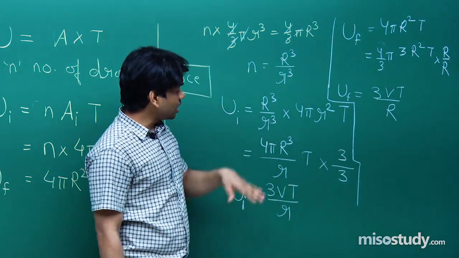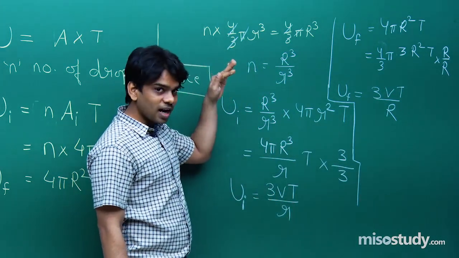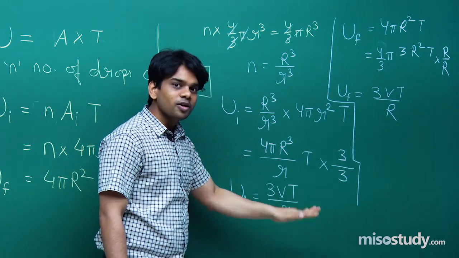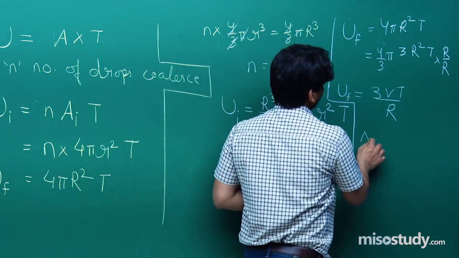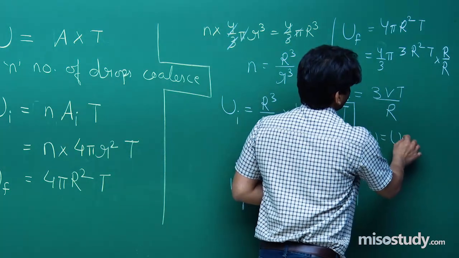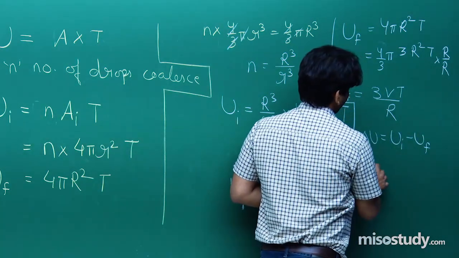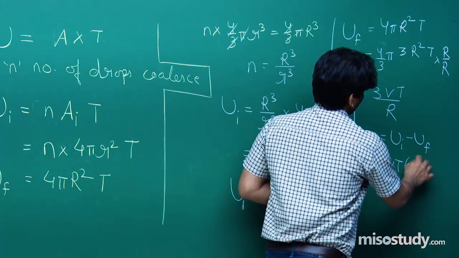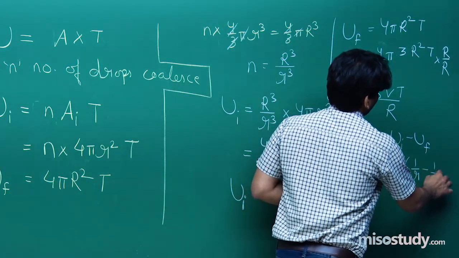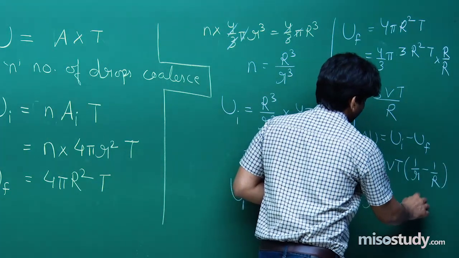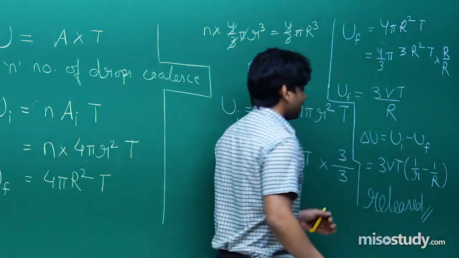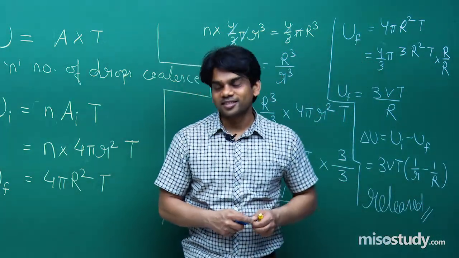That means initial potential energy is higher and final potential energy is smaller, so energy will be released, and the amount of energy released will be U_i minus U_f, which is 3 VT times 1 upon small r minus 1 upon capital R, and energy is released.